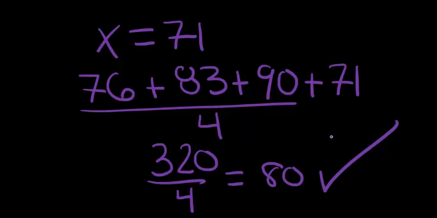So in this problem, we had to know the formula for an average. We defined our variable x to be our last test that we would be taking. We solved. We had to pull out the fraction, use a reciprocal, and then we found a solution that x had to be 71.